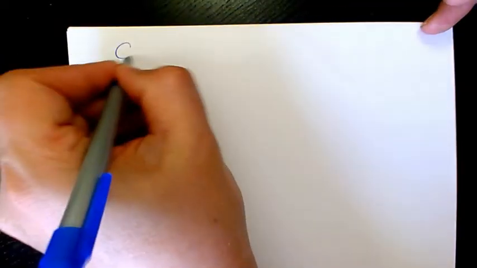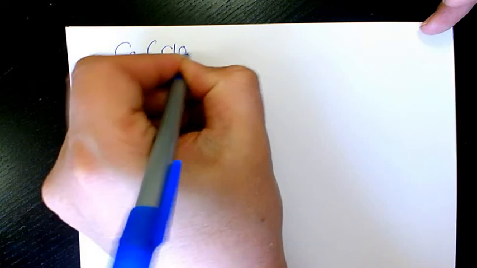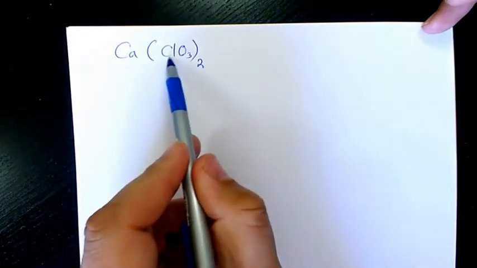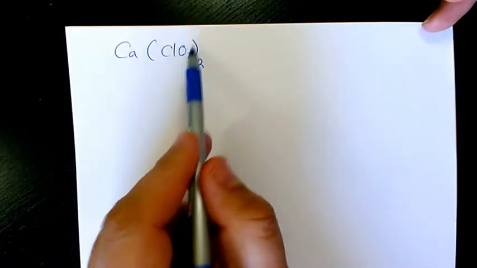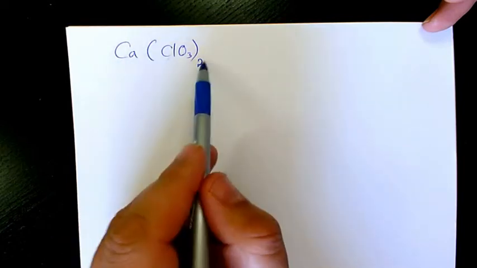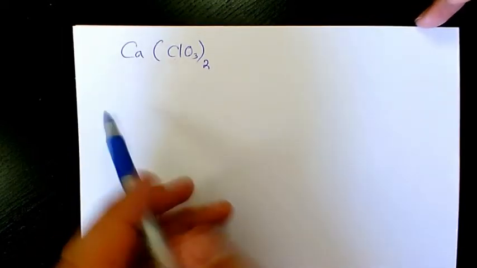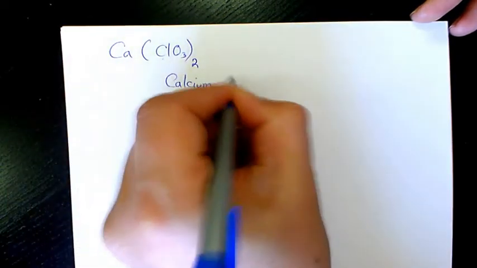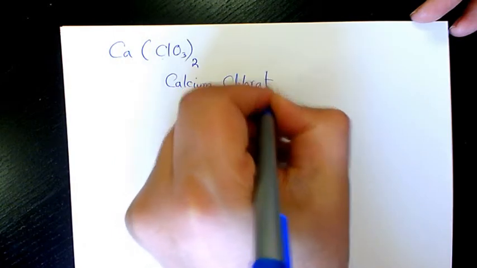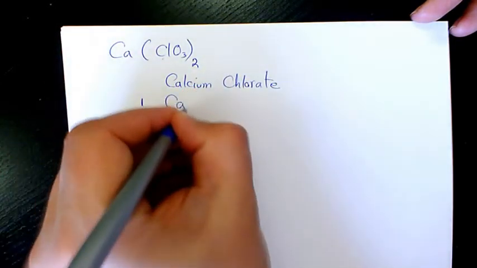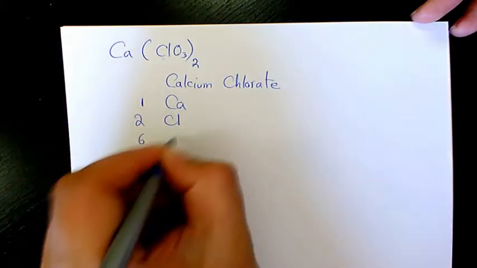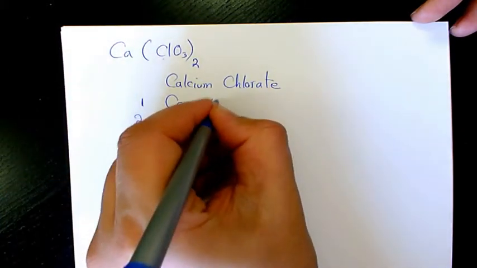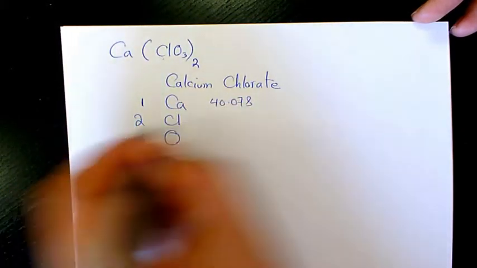Next one is calcium chlorate. Ca(ClO3)2. Chlorate is the polyatomic ion, -1. Calcium is +2, so 2 sits here and 1 is supposed to be here, but we don't write it. We have calcium chlorate. So we have 1 atom of calcium, 2 atoms of chlorine, and 6 atoms of oxygen. Calcium is 40.078.